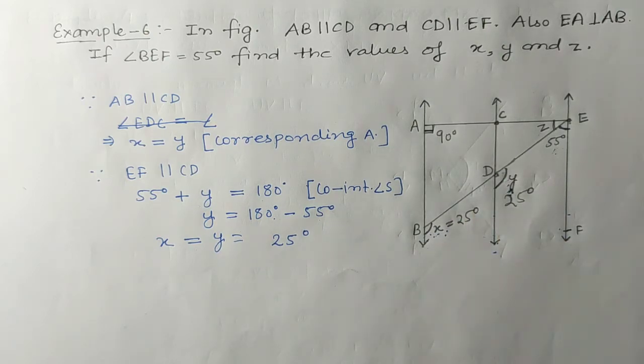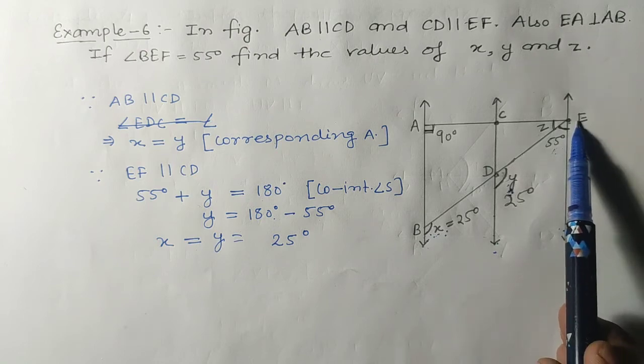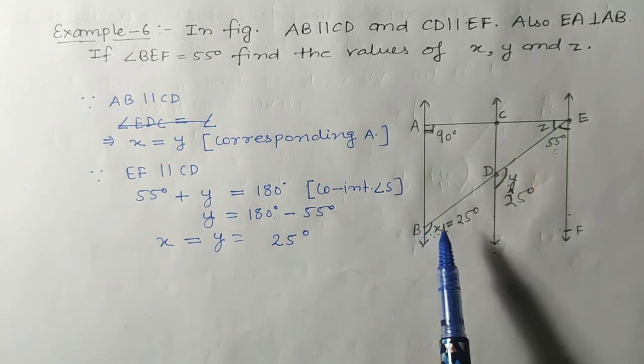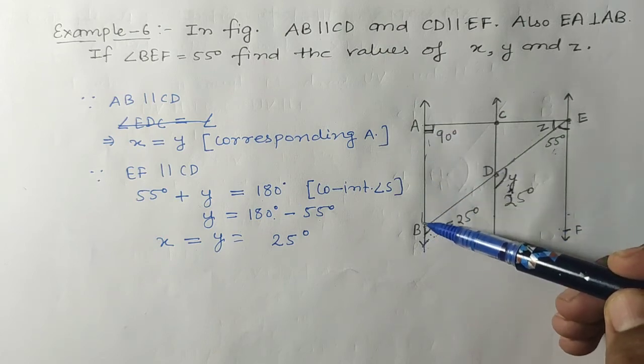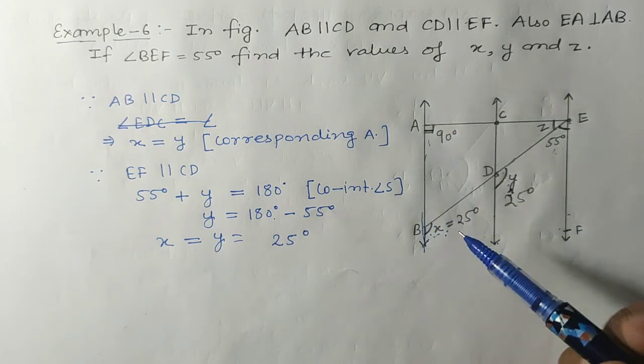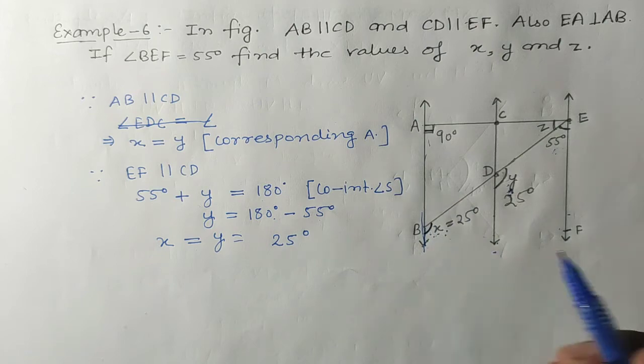Okay students, now if we see this triangle EAB, this side AB is extended, means it is produced. So this is the exterior angle of this triangle AEB.